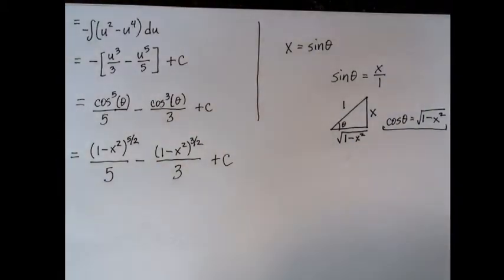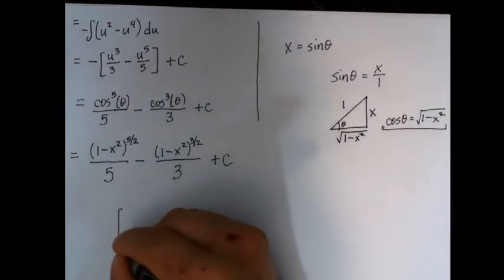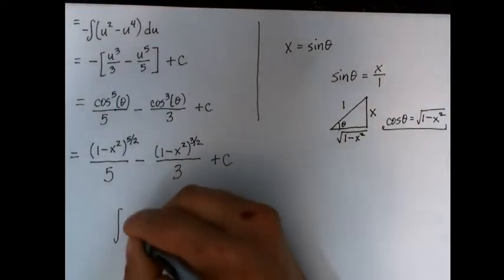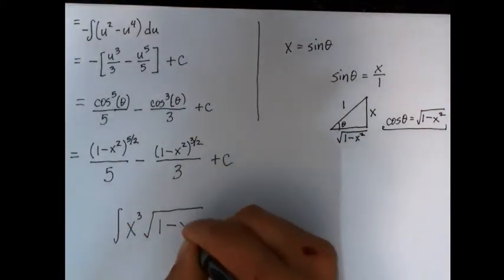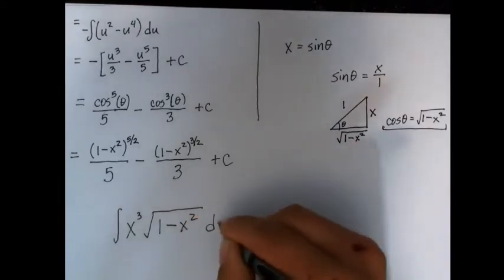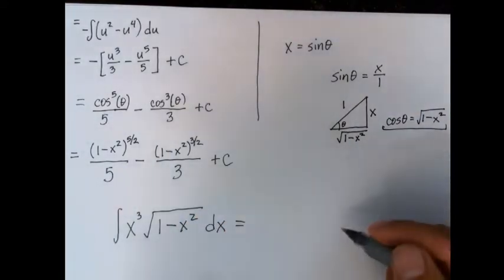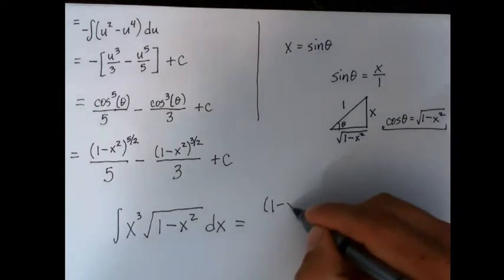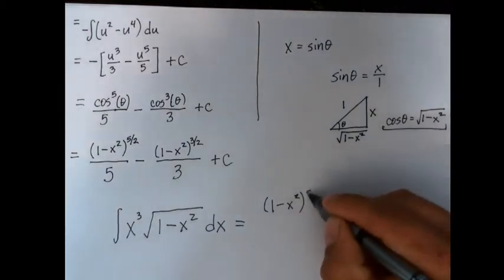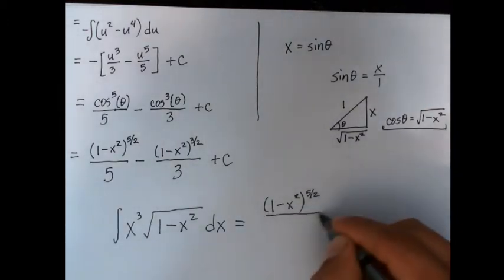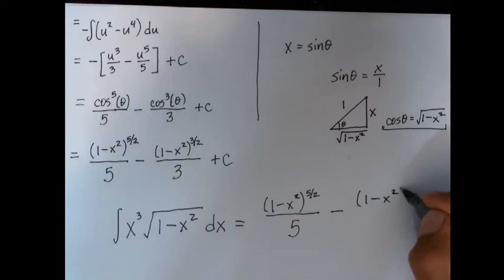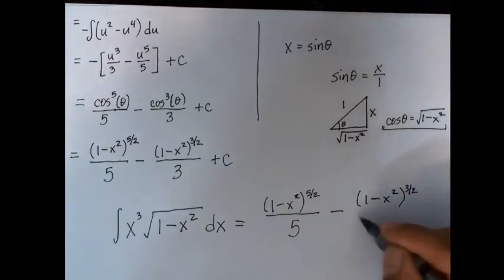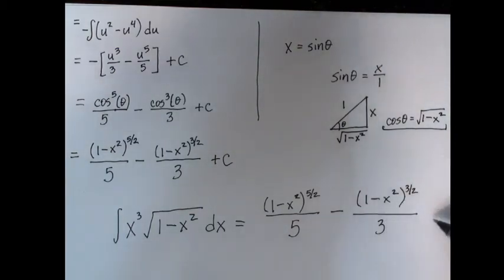So we can conclude that the integral of x cubed times the square root of 1 minus x squared is 1 minus x squared to the 5 halves over 5 minus 1 minus x squared to the 3 halves over 3 plus a constant.